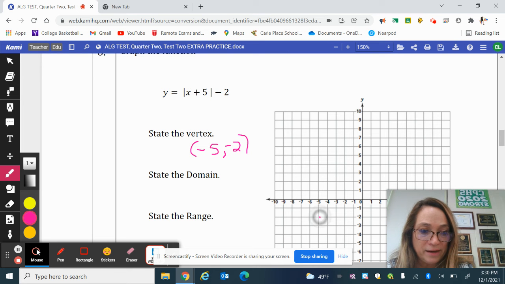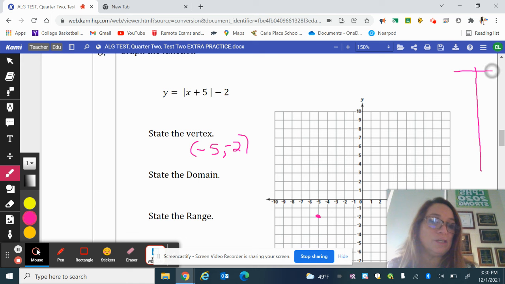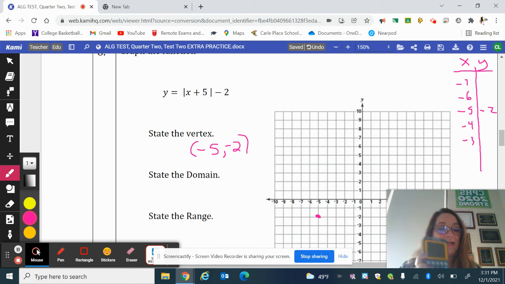Okay, so that's going to be right here. And what I always do is I just make that my center. And I go a little bit smaller and then a little bit bigger. And you can get all the values straight from the graphing calculator. Okay. So this is going to be -1. This is going to be 0. And that's actually a good point to have because it helps answer questions.